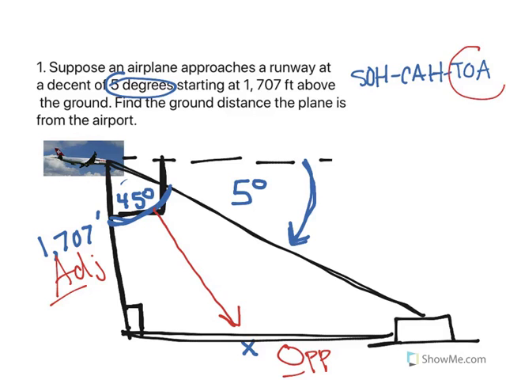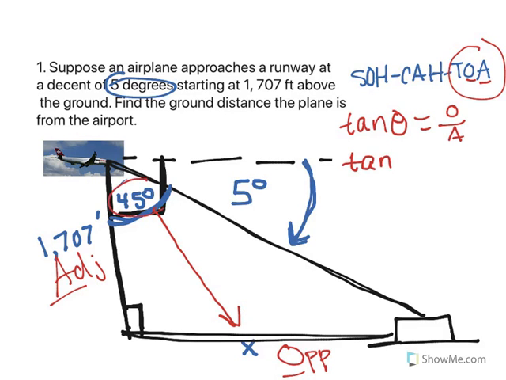Looking for an O and an A, I see that TOA, my tangent ratio, is the one I should choose. Tangent of my angle, the symbol means angle, equals O over A.